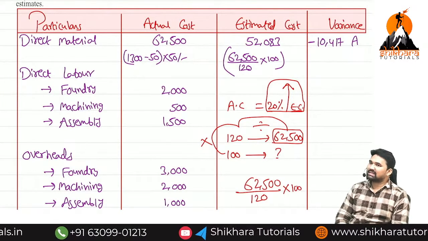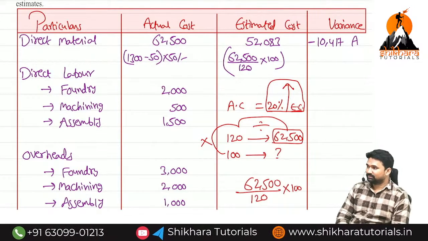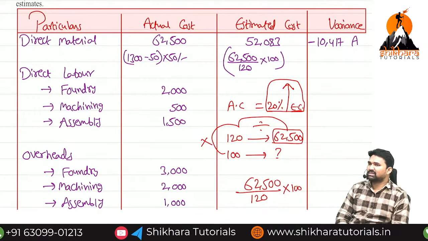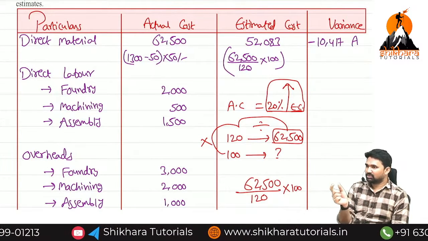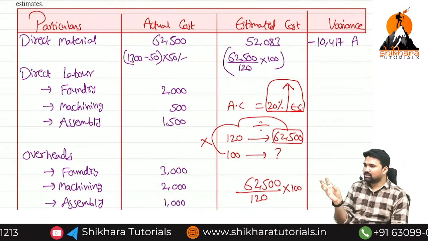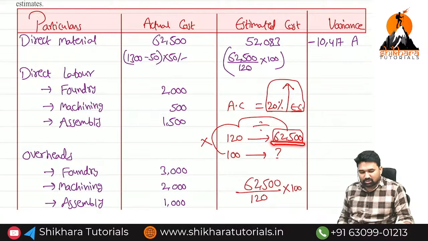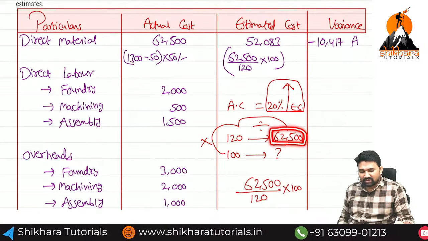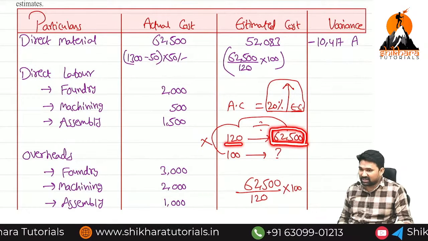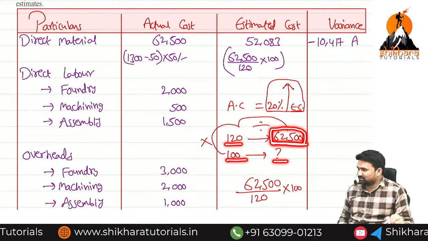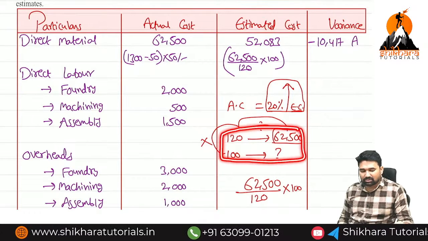That is why take it as 100. 20% more means 20% on 100, how much? 20. So 20 plus 100, 120. So this 120 is equal to 62,500 actual cost. Then 100 how much? If you are able to form this equation, problem is solved.